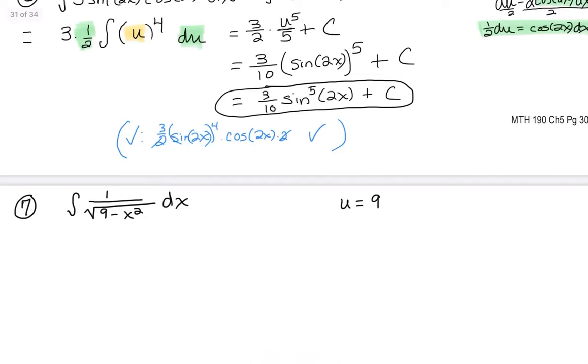I have u equal to 9 minus x squared inside the function, and then du is negative 2x dx. But that's a big problem, because at this point, if I tried this, I would have 1 over u to the 1/2, or if you prefer, u to the negative 1/2, and that's okay.